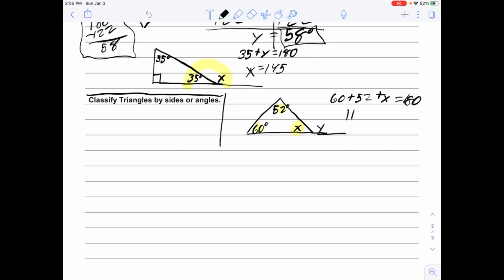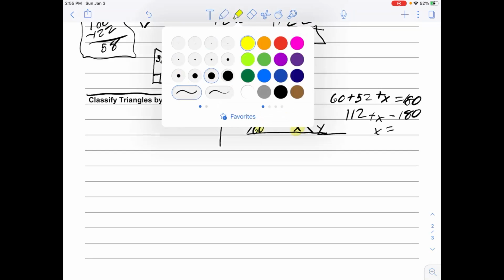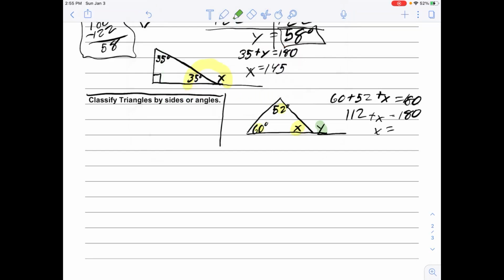We'll have 112 plus x equals 180. And then we can find out what x is. Once you know what x is, we also know that x plus y equals 180, so once you know what x is, you can solve the problem just like we did up here to figure out what y is.